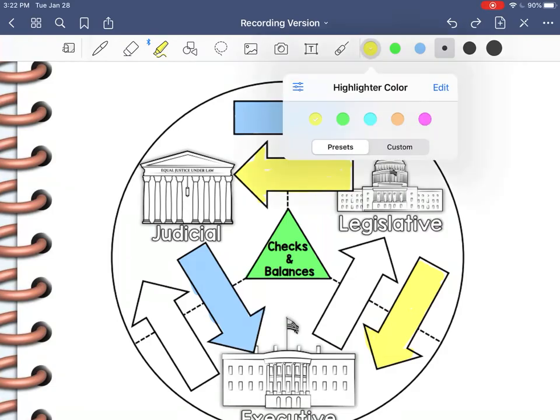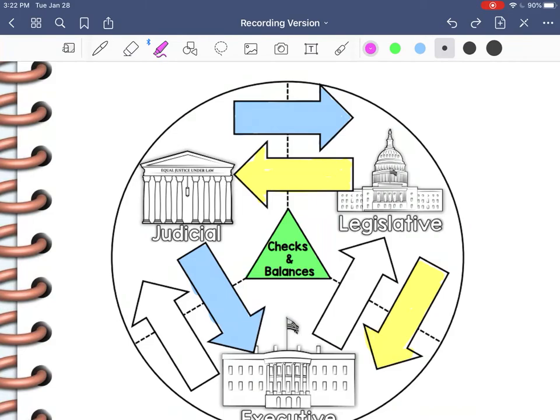Okay, the president. The president has some power over the Congress. The president has the power to do things to Congress. So we have the president, he can exert power this way. He also has some power over the judges. So president can go toward the legislature with his actions or toward the judicial branch.